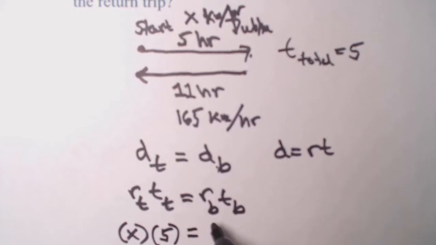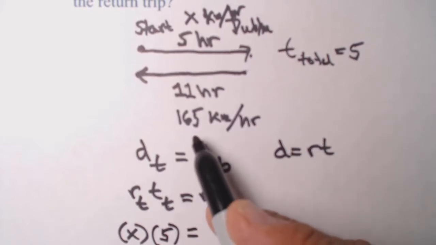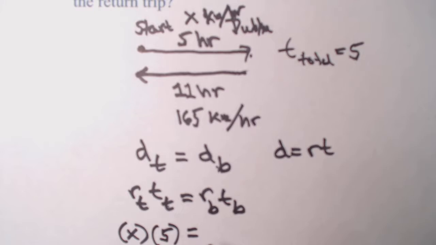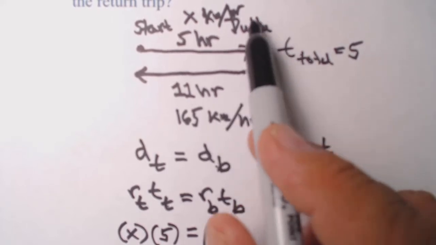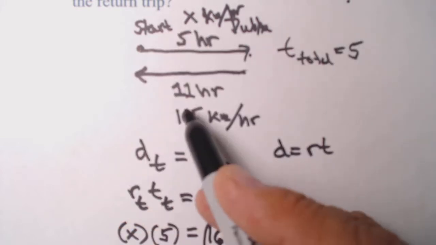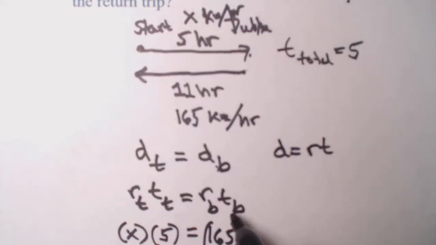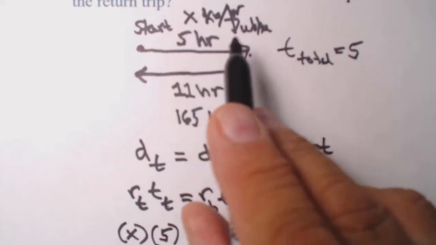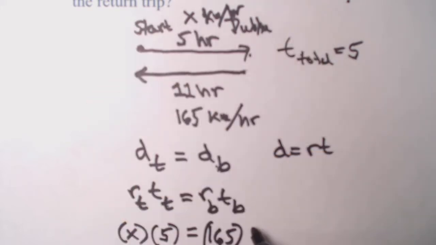The rate of speed coming back was 165 kilometers per hour. And here we go, 165 times, and just checking to make sure, it averaged 165 kilometers per hour on the return trip. So yep, that's the return trip. And the time coming back, well, it said the trip back took 11 hours.